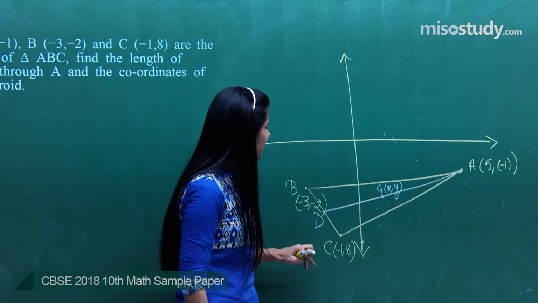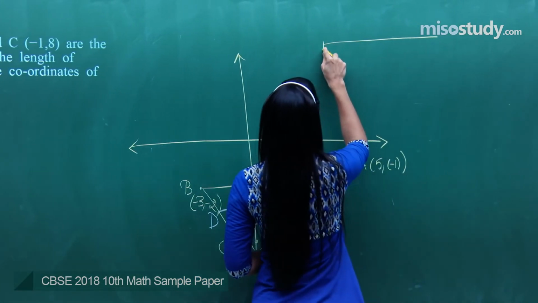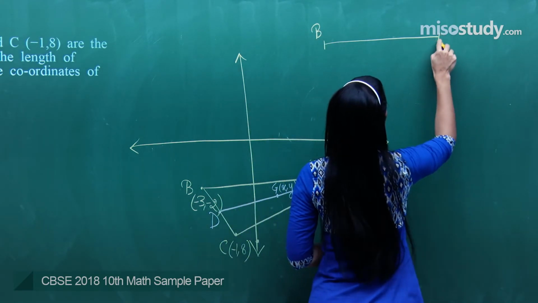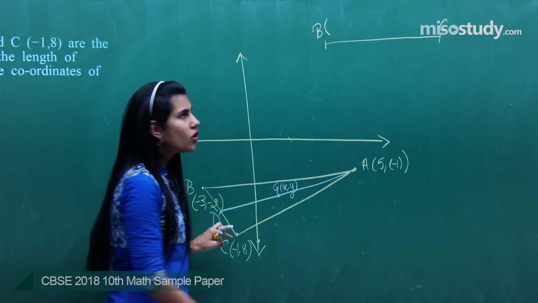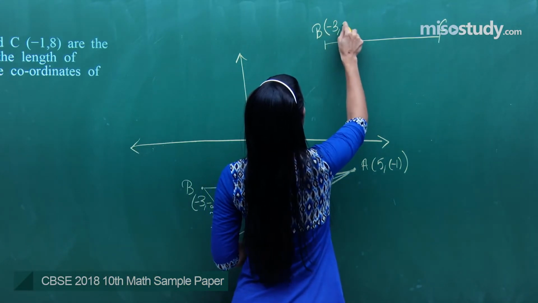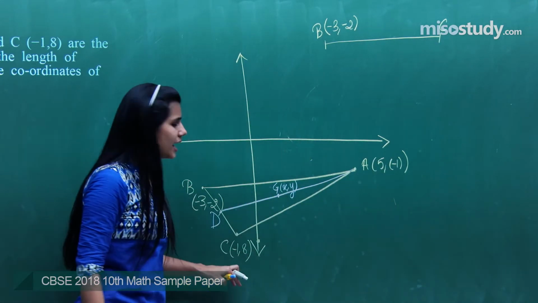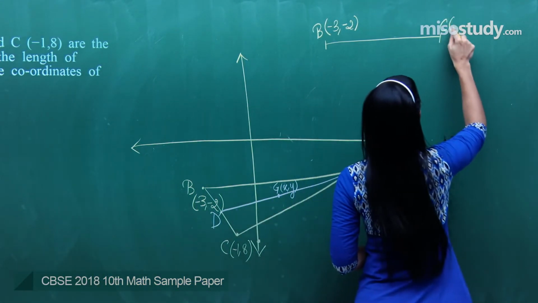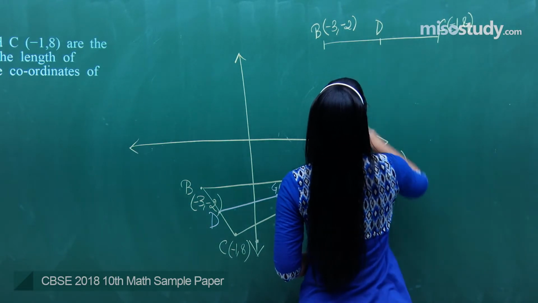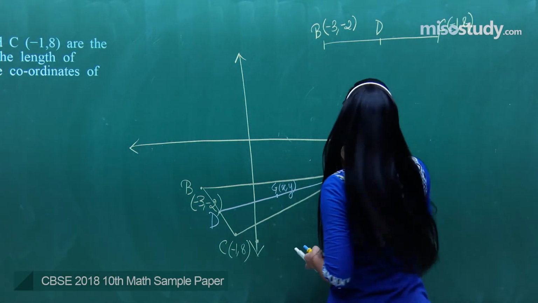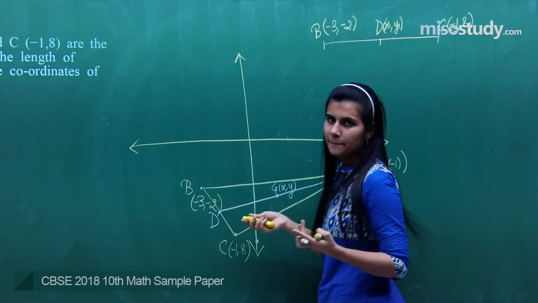Well, obviously for BC, if I separately draw this line, this is B and this is C. The coordinates of B are -3, -2, and the coordinates of C are -1, 8. Here somewhere right in the middle is point D. I don't know what its coordinates are, x1, y1 for example.